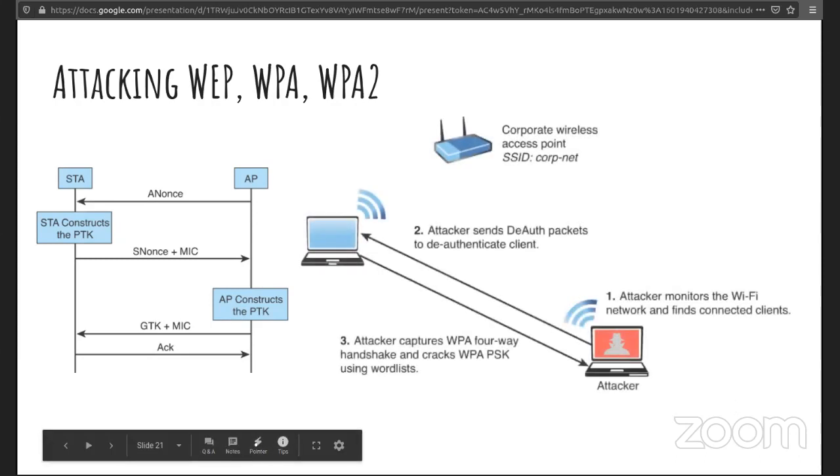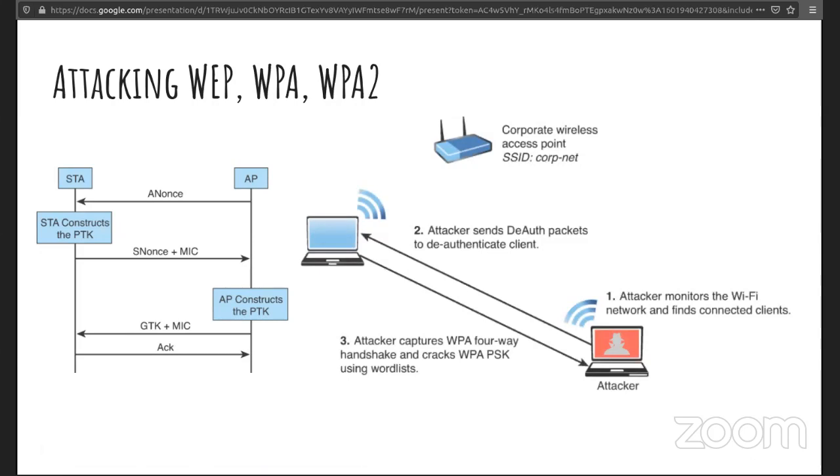Now, WPA and WPA2 are susceptible to different vulnerabilities. WPA3 is supposed to be the savior for these vulnerabilities, but all of them have different authentication methods, including PSK. WPA is not susceptible to the IV attacks that affect WEP.